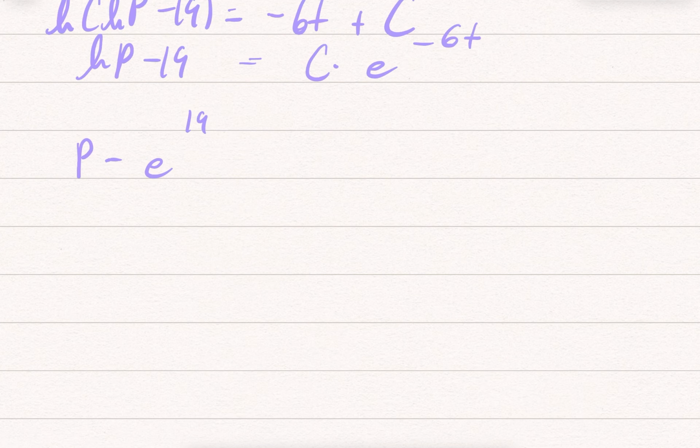Hold on. So e to the ln p minus 19 equals c e to the 6t.